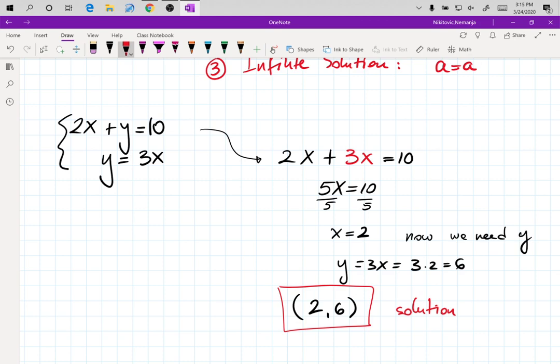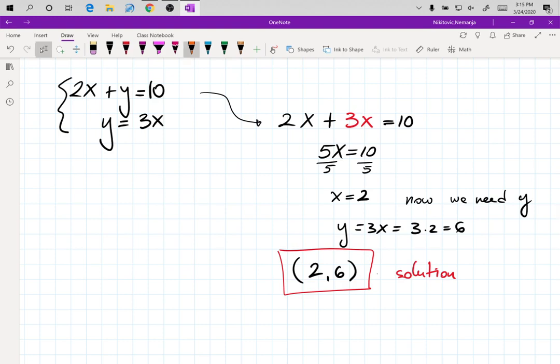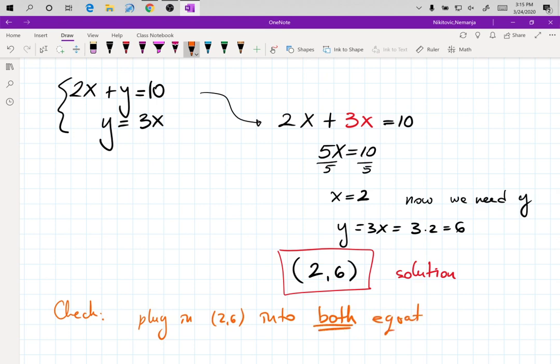And we can quickly check that solution, the same as we did last time, when you plug (2, 6) into both equations.